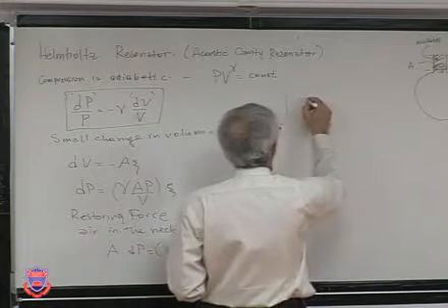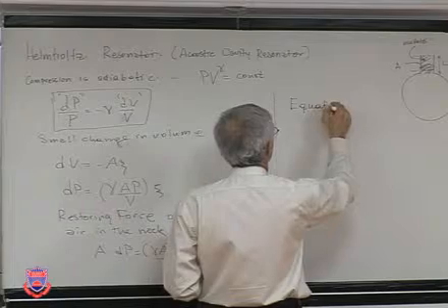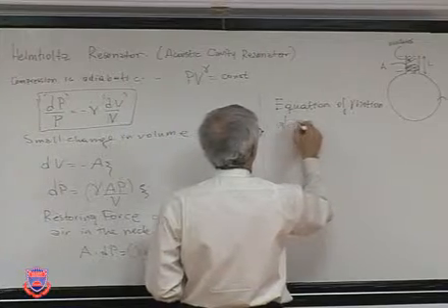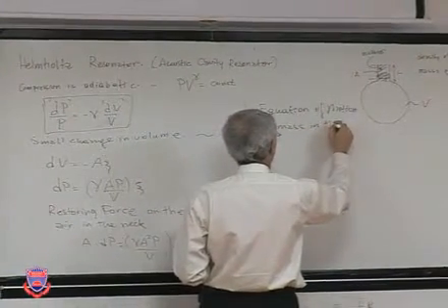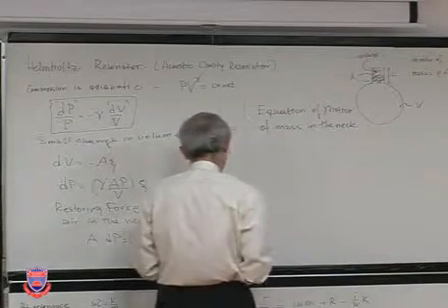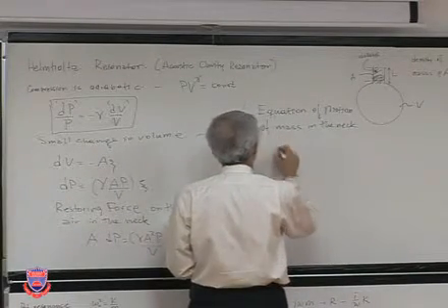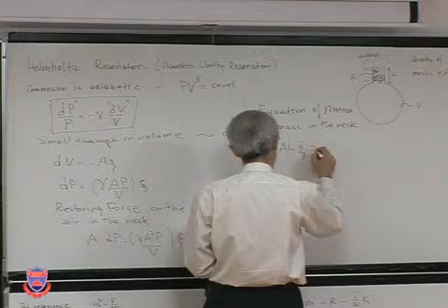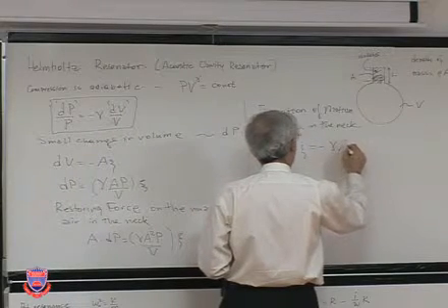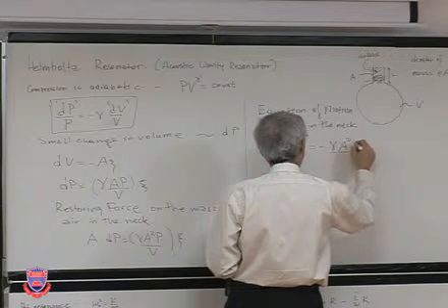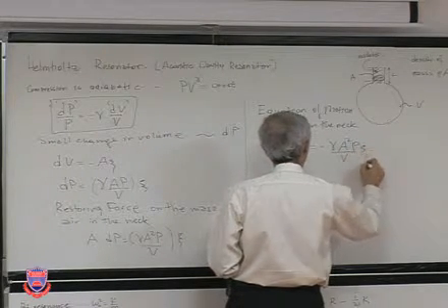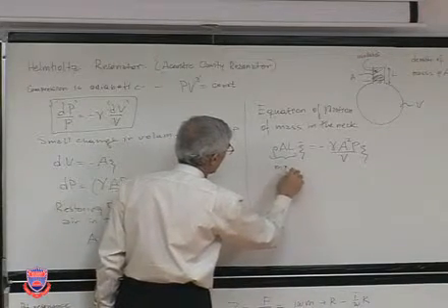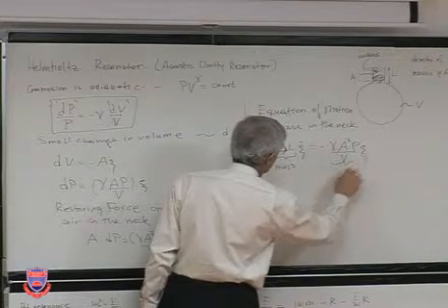So from here, the equation of motion of mass in the neck, rho A L. Okay, so we can see that this is the mass and this is the stiffness.